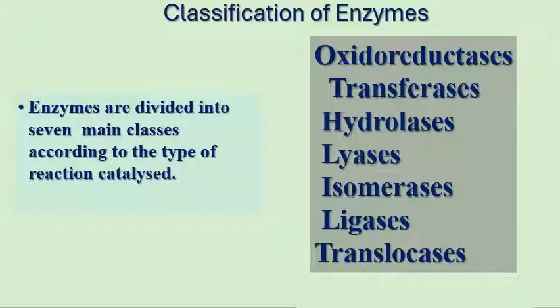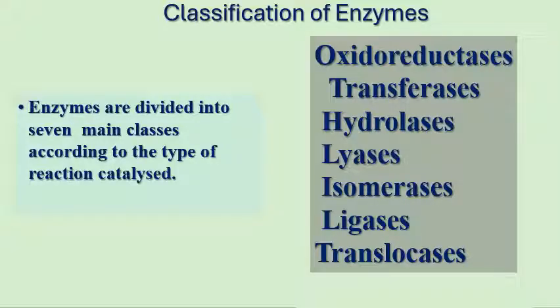They can join DNA molecules together within a process. They can also catalyze the joining of molecules coupled with hydrolysis of certain bonds, for instance, pyrophosphate bonds in ATP or other nucleoside triphosphates. Hydrolases catalyze the hydrolytic cleavage of certain bonds between carbon and oxygen, carbon and nitrogen, and some other bonds.